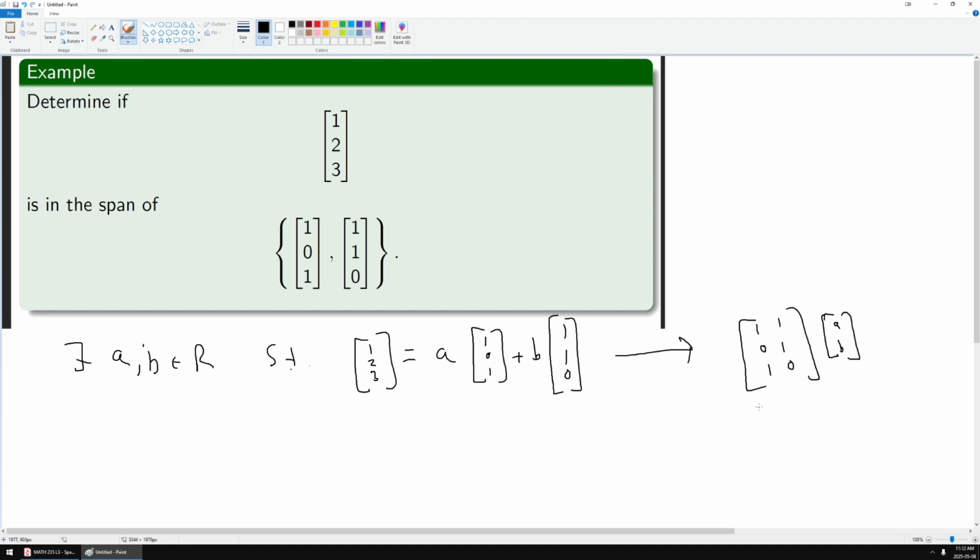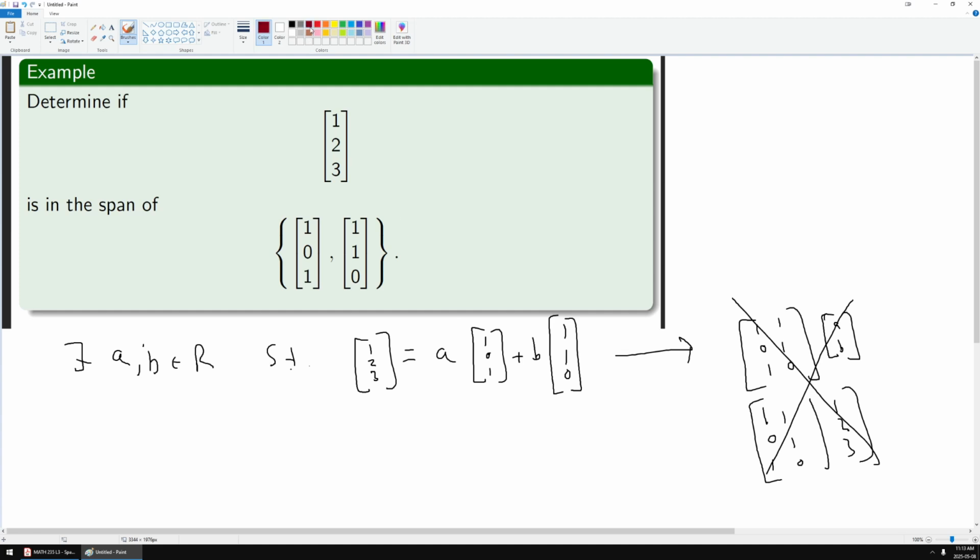The classic way of doing this is to augment the matrix and then row reduce to see if you can get a solution that way. Now for this particular problem, you don't have to do that. Now you can. That's not to say it's wrong to do so, but it's slow to do so. And there's a better option.